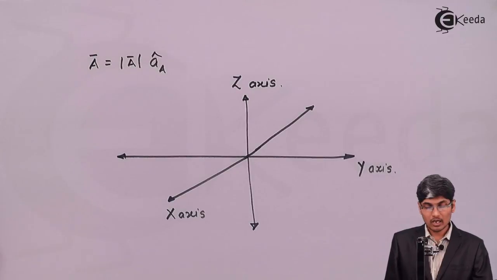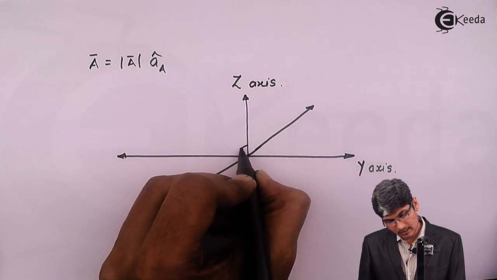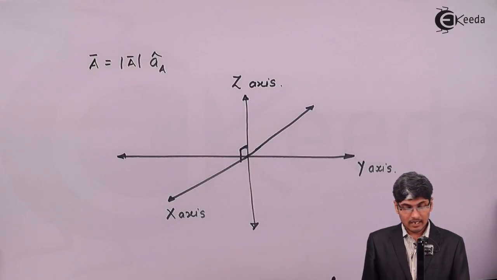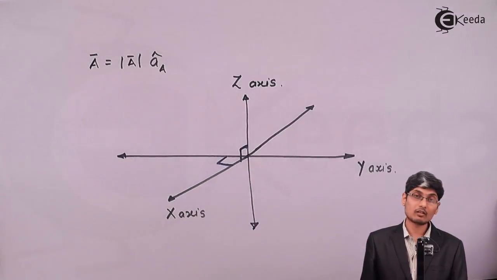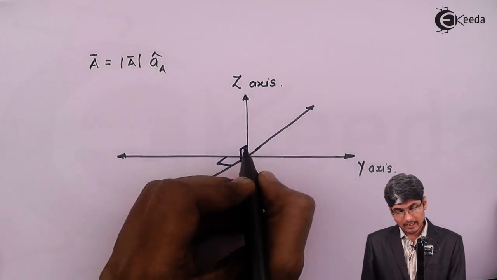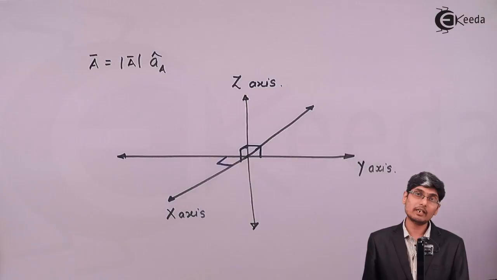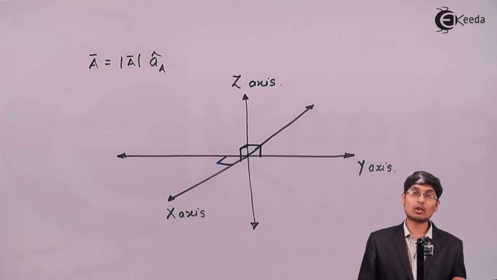What does it mean? If I see x and z, then this is perpendicular like this. The x-axis is perpendicular to the z-axis. The x-axis is also perpendicular to the y-axis. Now what about the z-axis? Yes, the z-axis is also perpendicular to the y-axis in this way. So all three axes are perpendicular to each other. This system is called the orthogonal system.